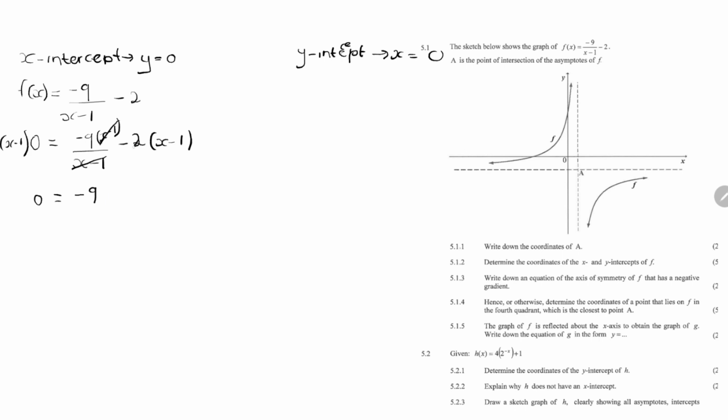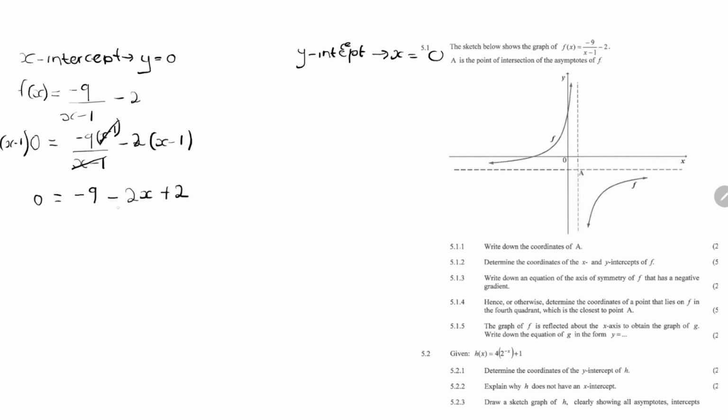And here we have -2 multiplied by x, so that is minus 2x. -2 multiplied by -1, we have a positive because we are multiplying a negative and a negative. So it's a positive 2.